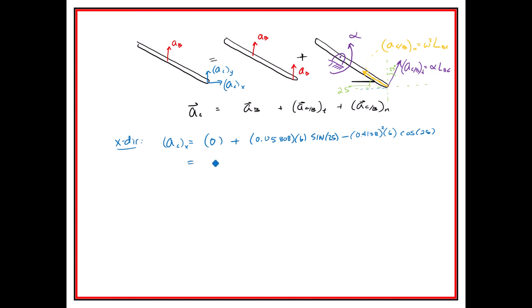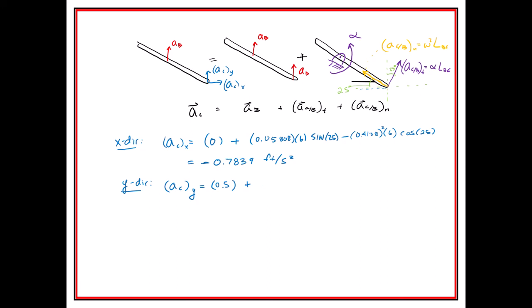So we end up finding that the component is in the negative direction, 0.7839 feet per second squared. And in the y direction, we have ACY is equal to, okay, I think we were given, it was upwards of 0.5.